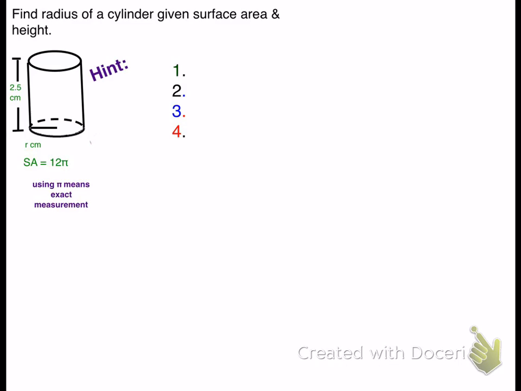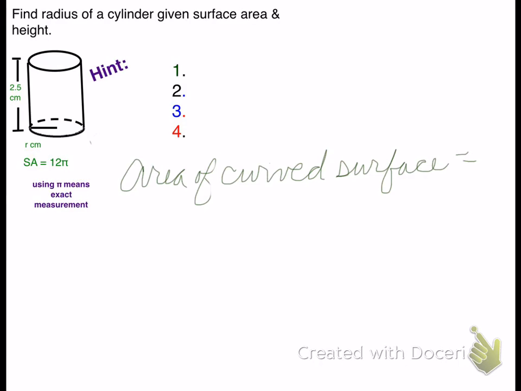I know that my area of my curved surface is going to be equal to 2 pi times the radius times the height.